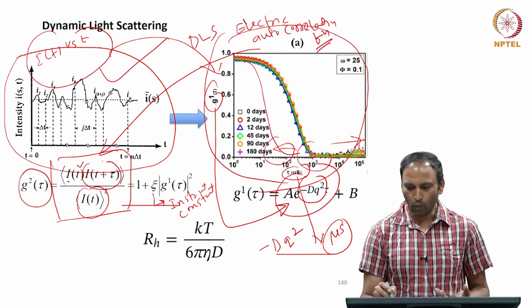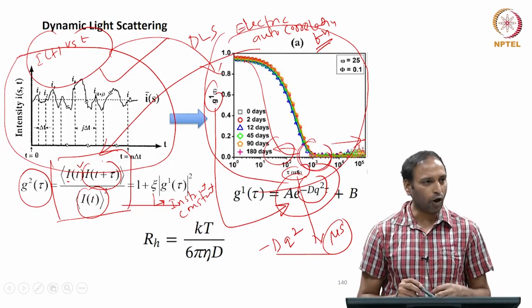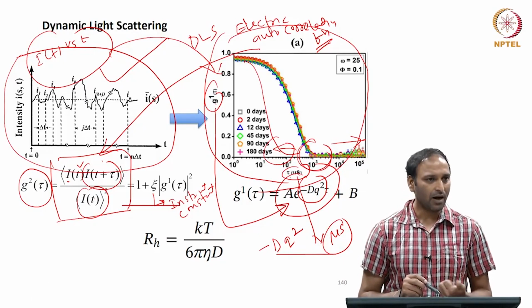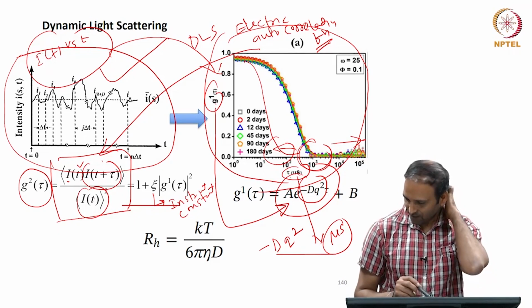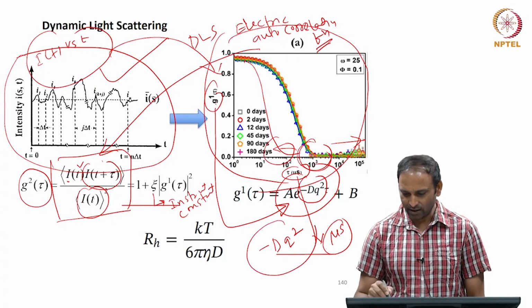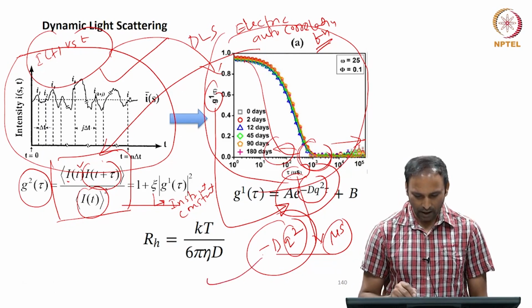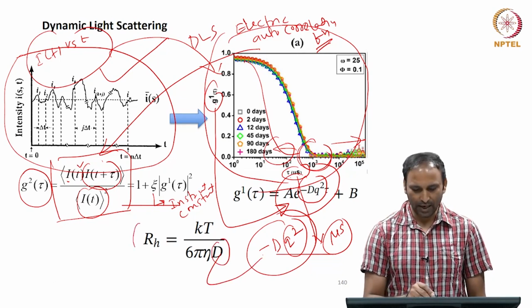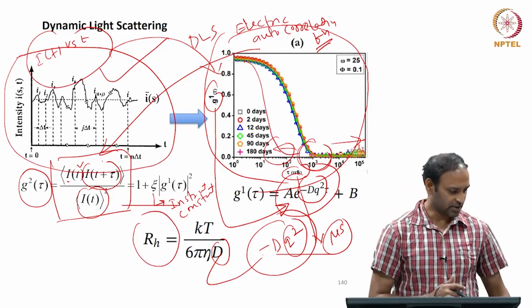Therefore, one could look at where it decays to 0 and already infer what the size of the particle in the dispersed phase is. So, from the exponential fit I can get minus D times q square. I know q square because I am doing experiments at a fixed q, and from that I can get the size of the particle. That is what is typically done.